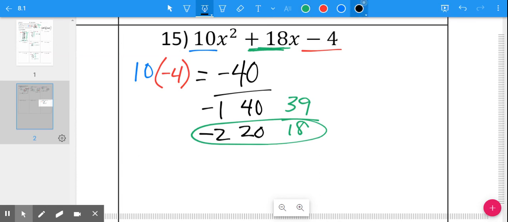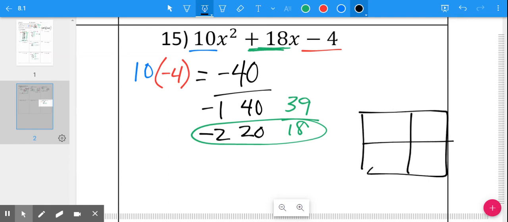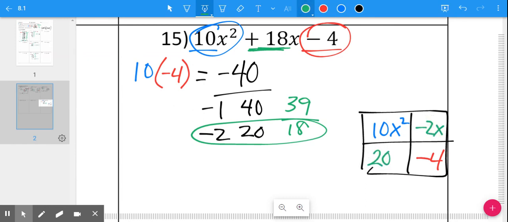So when you set up your area model, the box thing, your first term is 10x squared. Your last term is negative 4. Your factors are negative 2x and 20x.